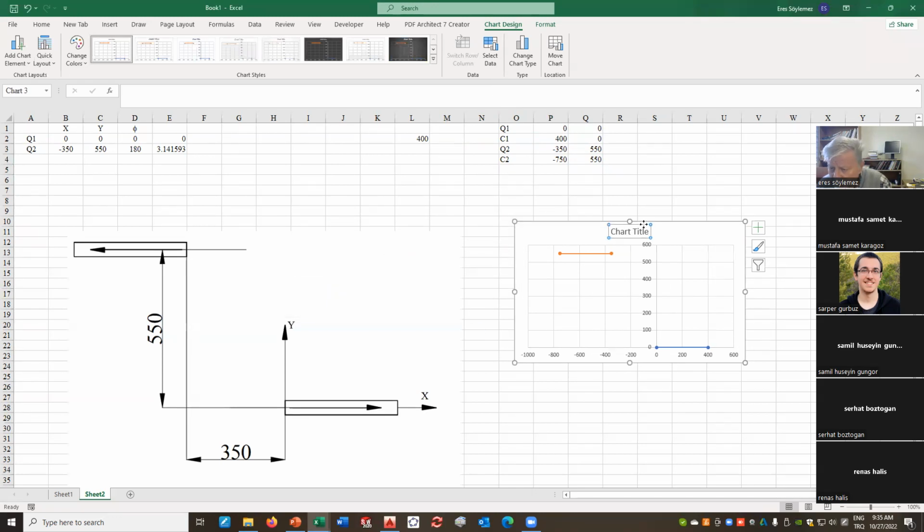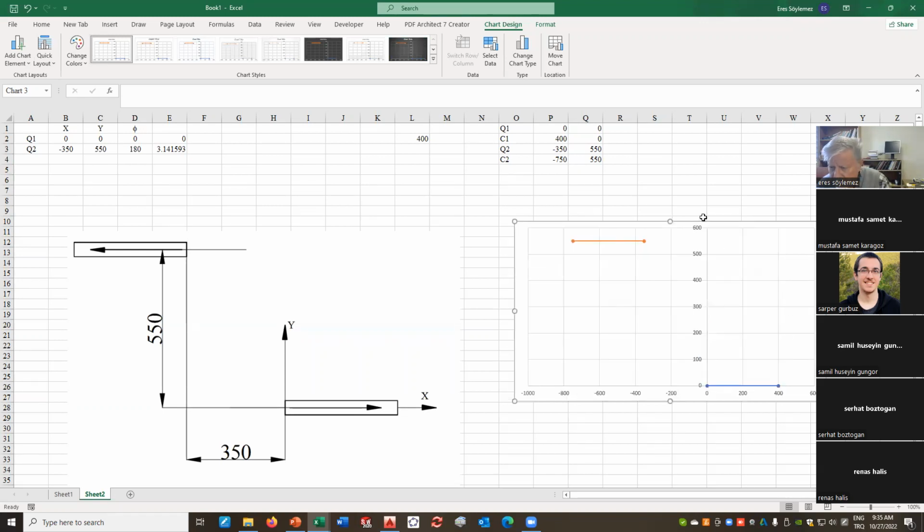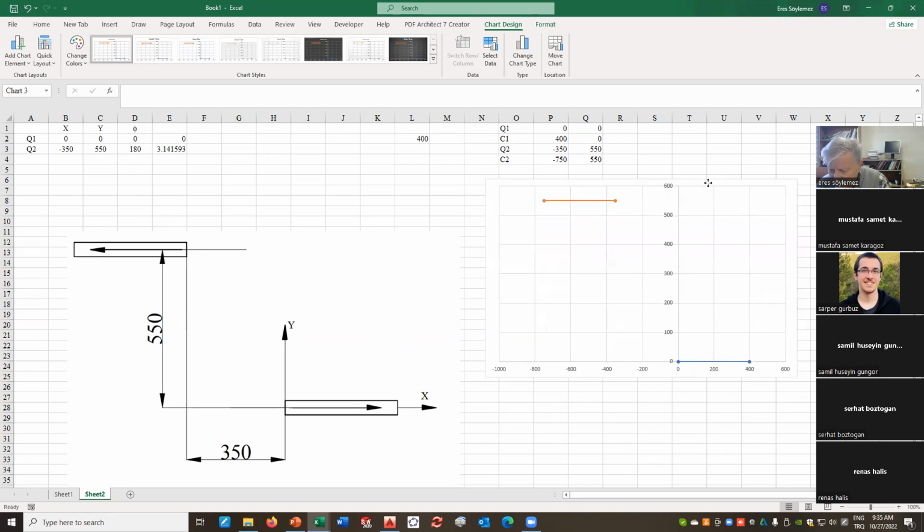I think this is sufficient to show the two positions of the moving frame. Let me repeat, you have to write A, B, etc., and you have to make sure that the scale is correct. Right now it is not.